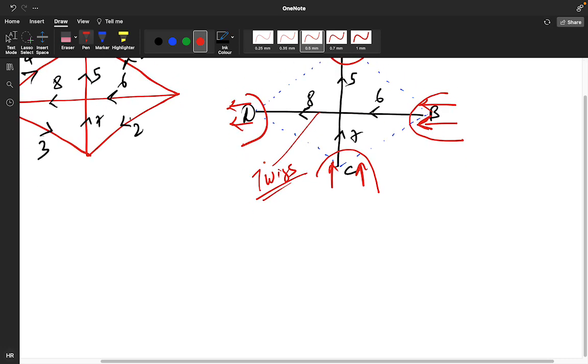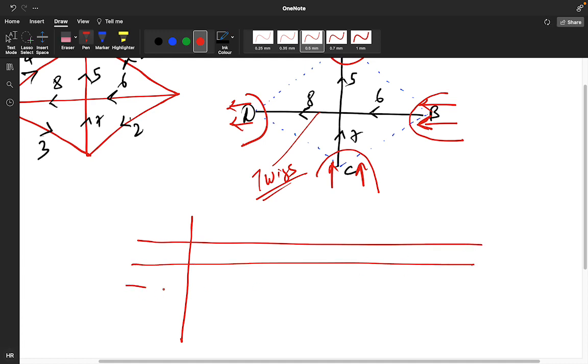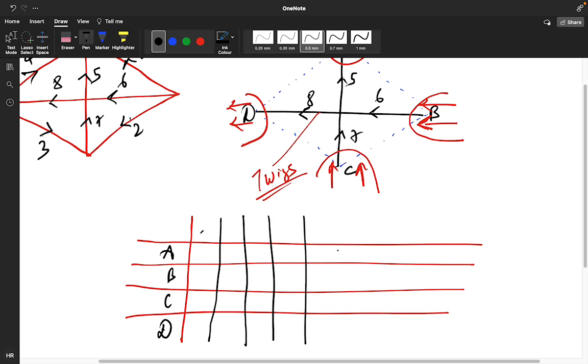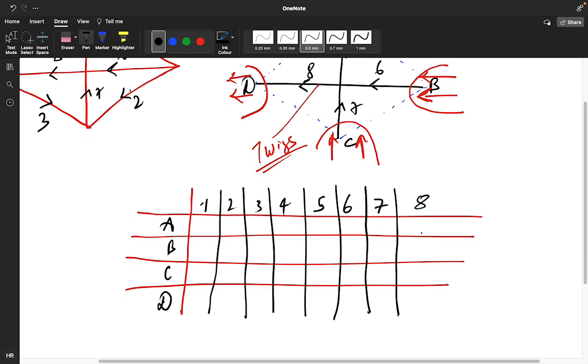Okay. Now you need to find the matrices. So, how many nodes are there? 4 nodes. A, B, C, D. How many branches are there? 1, 2, 3, 4, 5, 6, 7, 8 branches.